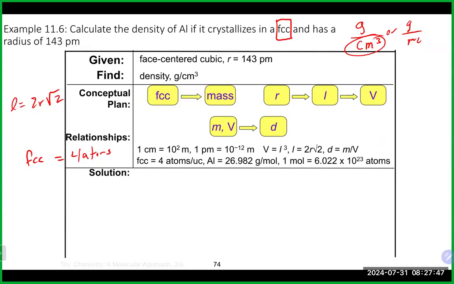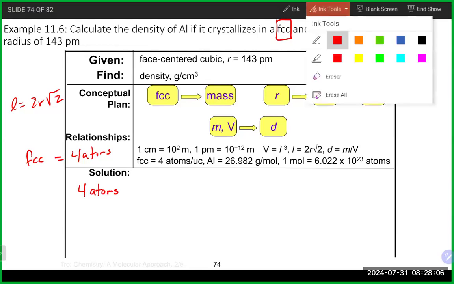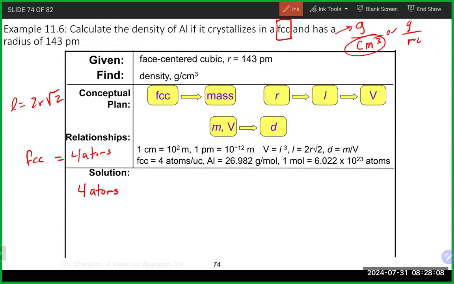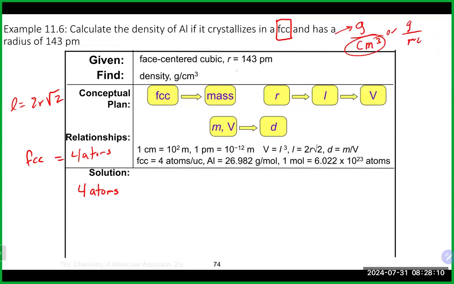So the first thing we're going to start with is the grams part of it. We basically need to get to grams. The one thing that we do know is that it is face-centered, so there are 4 atoms. Really, we don't want to overthink this, even though the question may look very scary. What we want to think about is, I have atoms.